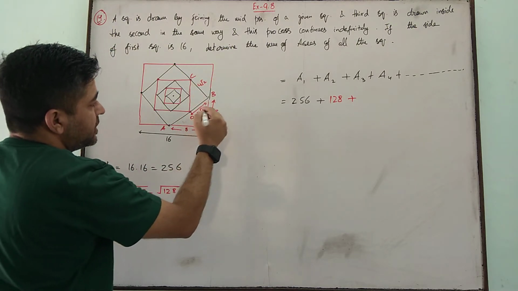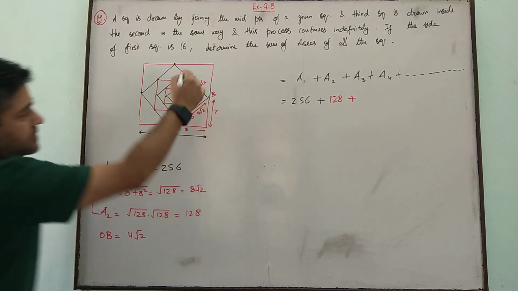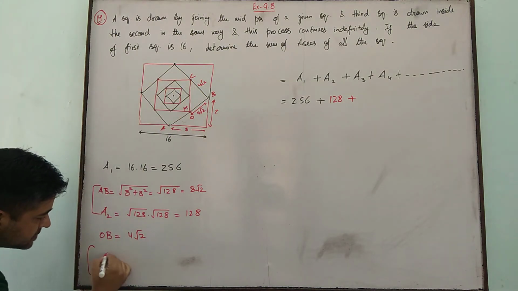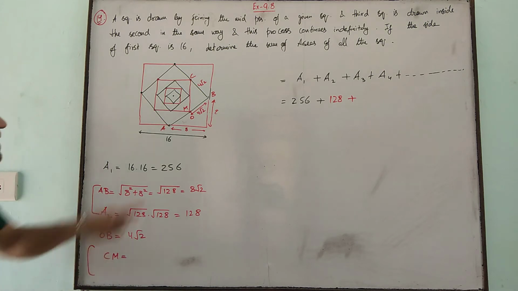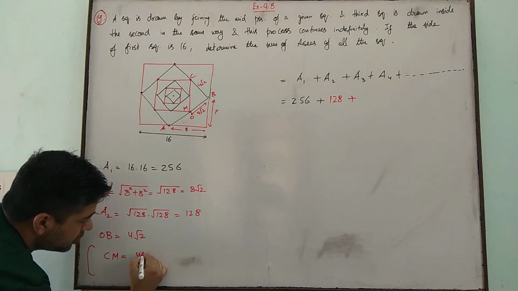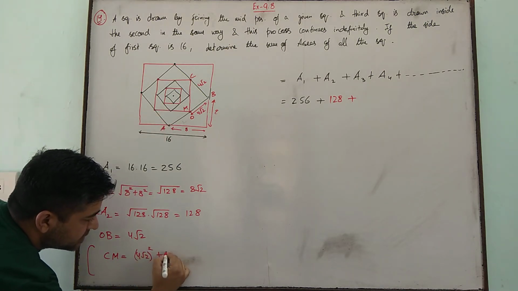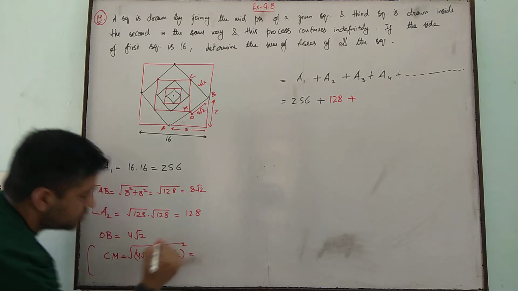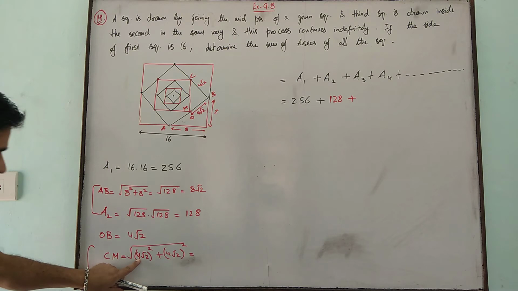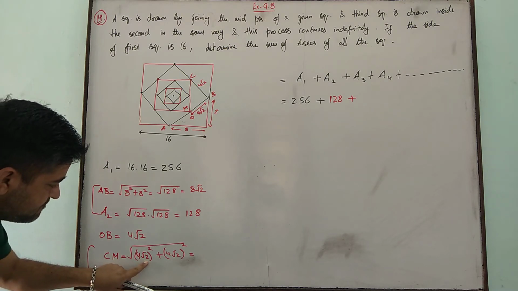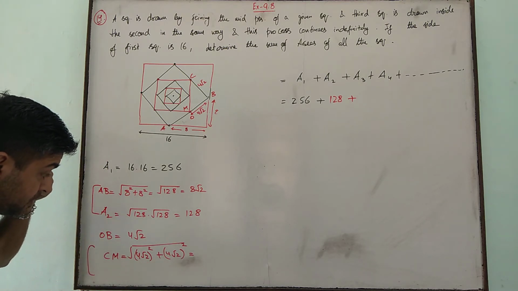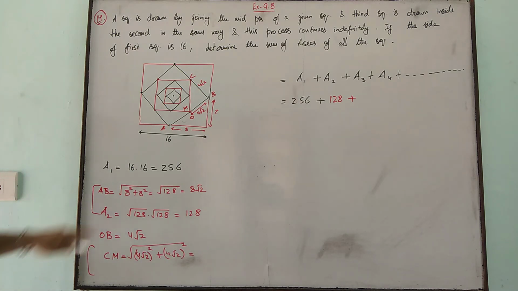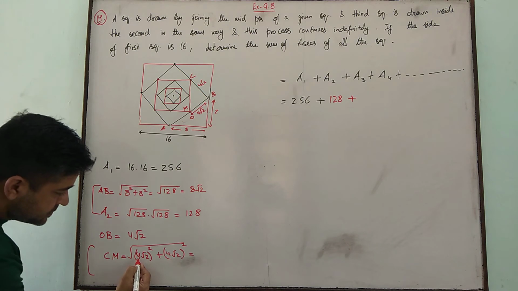Then you can say that CM, that is the side of the third square, will be equal to the square root of 4 root 2 square plus 4 root 2 square.